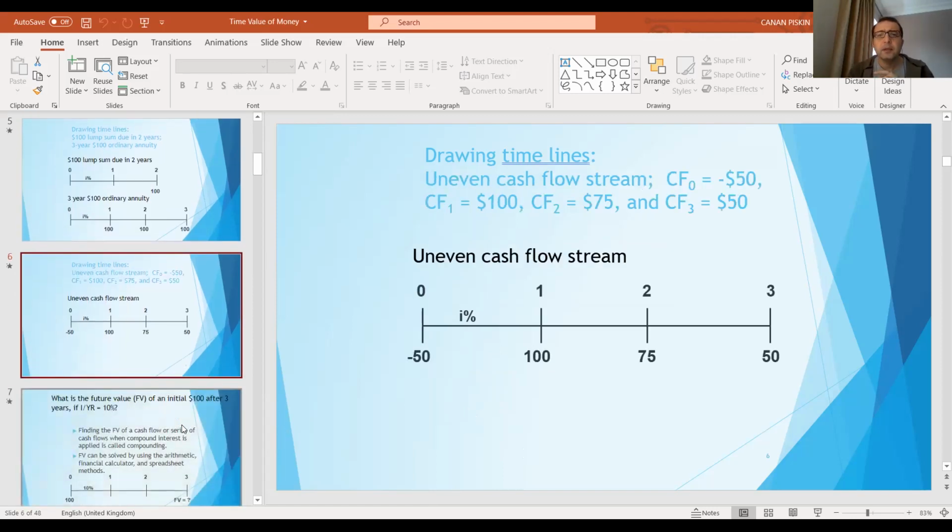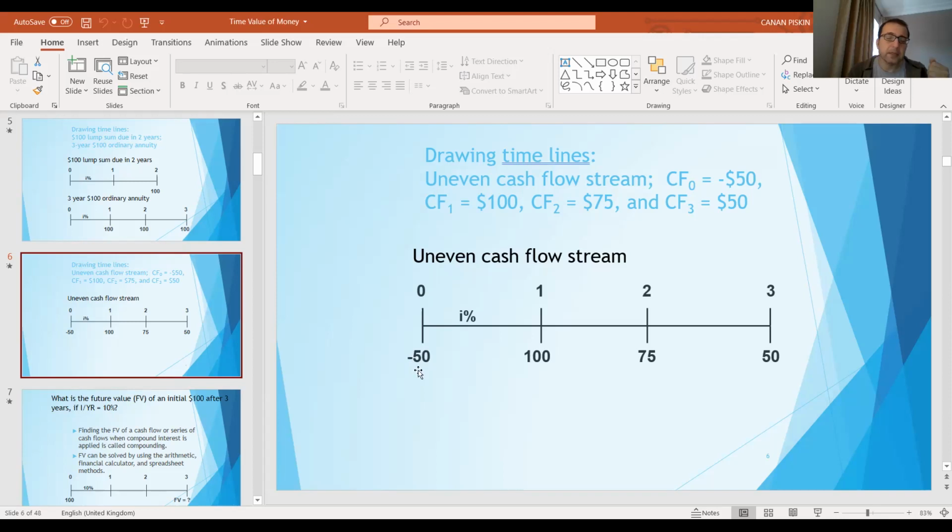I'm sorry, this cash flow might be uneven, right? Depending on your project, you may have an uneven cash flow stream. Like in our example, this year we have to pay 50, minus indicating the outflow.